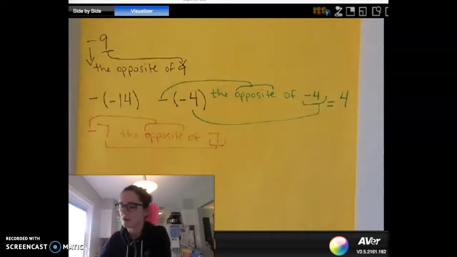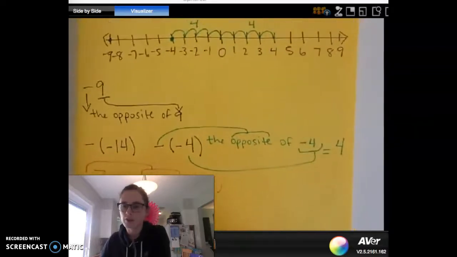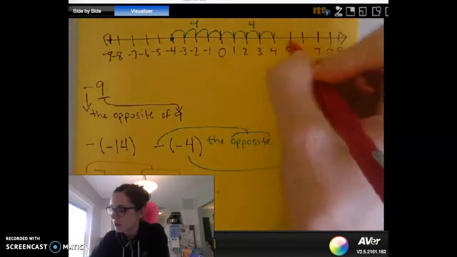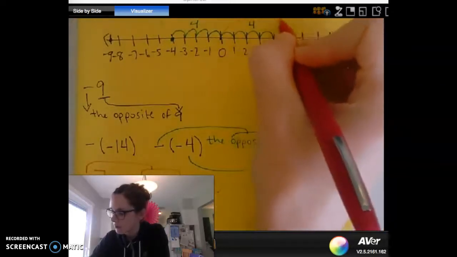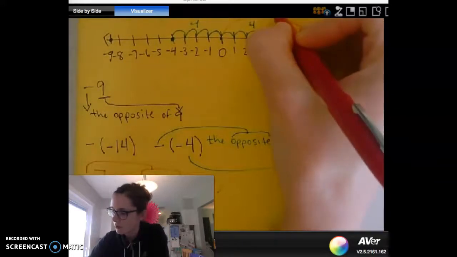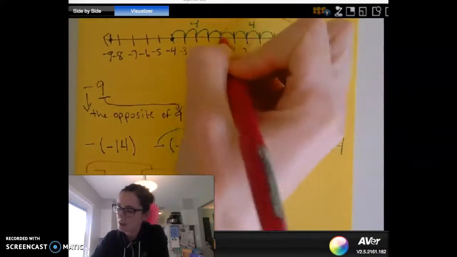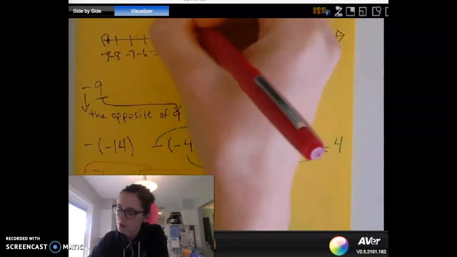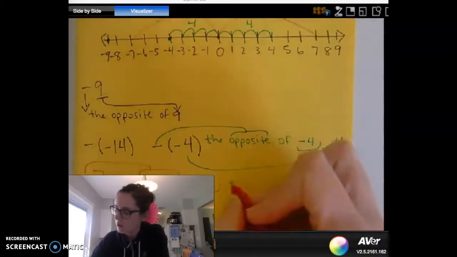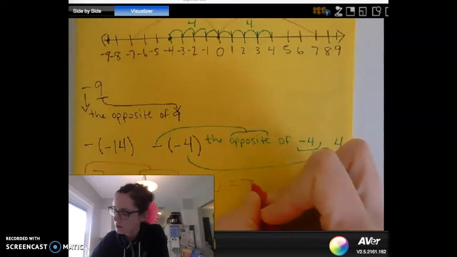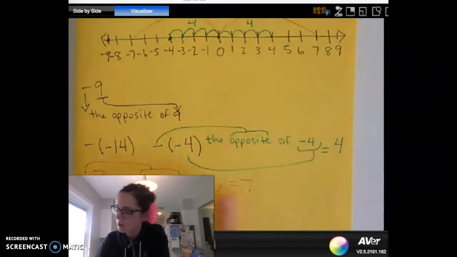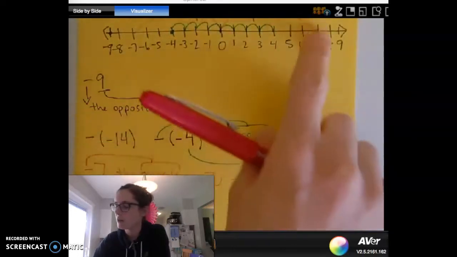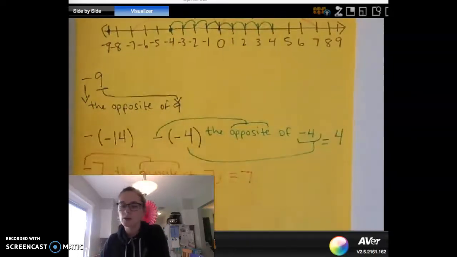Sorry, this pen is dying, of course, so that doesn't help. So I'm going to go to 7, and I know that that's going to be 7 away from 0. Now I'm going to go 7 on the opposite side, which is going to take me to, sorry, +7. So -7 is over here, and the opposite of that is going to be +7.